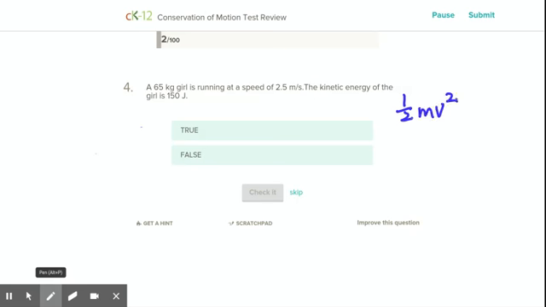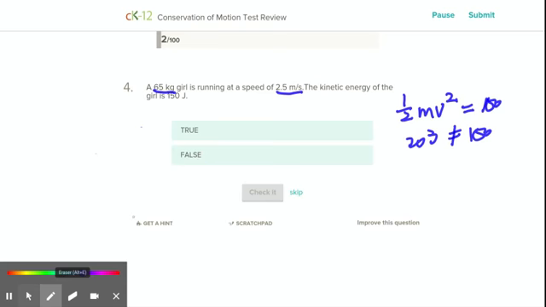You plug in m, you plug in v, see if the answer is 150. If the answer is 150, true. If the answer is not 150, false. So 65 times 2.5 times 2.5 divided by 2 is 203 actually. So it's not equal to 150, so it's false.